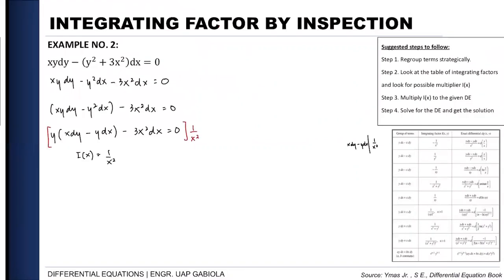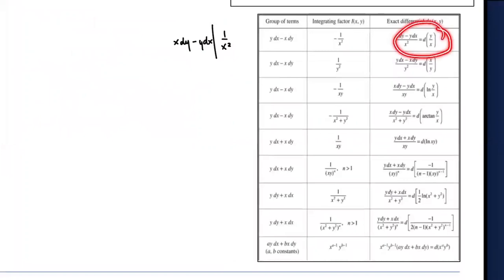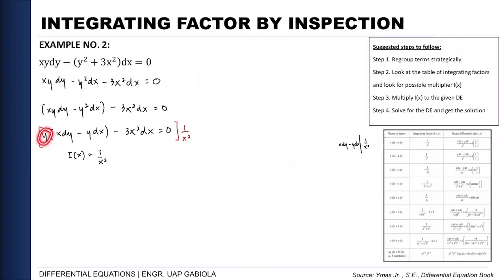So, once we multiply that, we will have now a term, ano? I-imagine nyo lang, meron tayong term ngayon na meron ng over x squared. That is the exact differential of y over x, ano? So, y over x yung magiging exact differential mo. Ang meron ka lang is y. So, kulang ka ng x sa denominator.